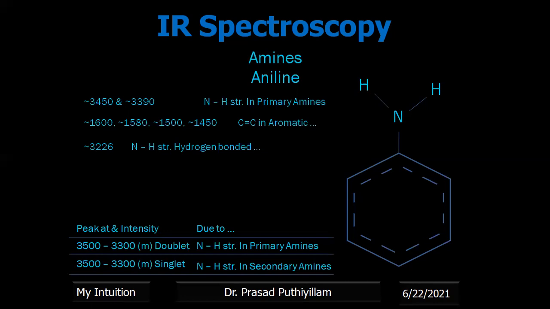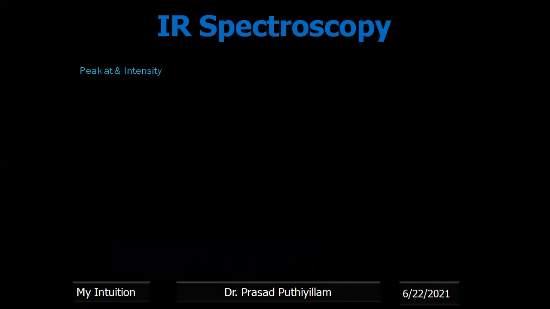Therefore, the NH with hydrogen bonding is expected around 3226. So we know that hydrogen bonding will also affect the NH frequency. Hydrogen bonding may be present or absent. Therefore, both non-hydrogen bonded NH vibration frequency as well as hydrogen bonded NH vibration frequency are observed in IR spectroscopy.